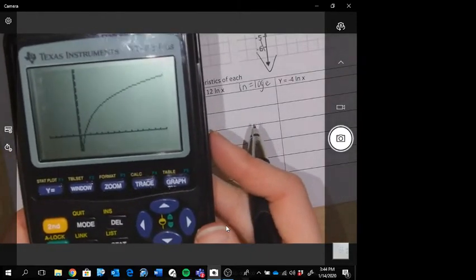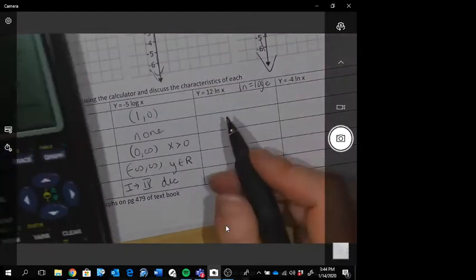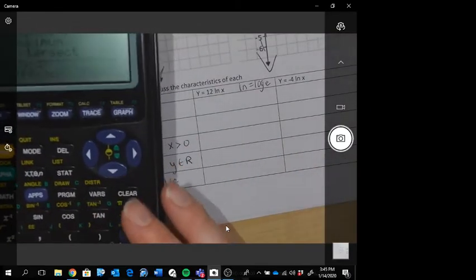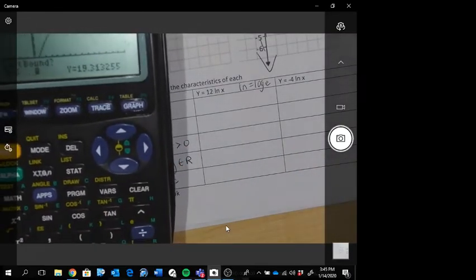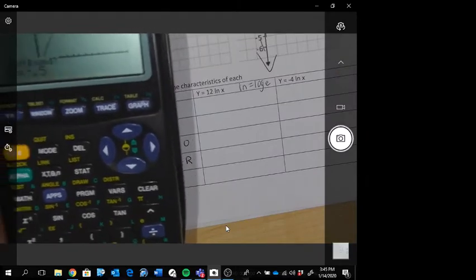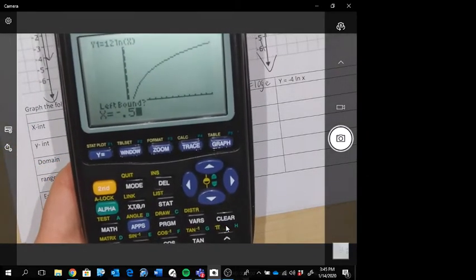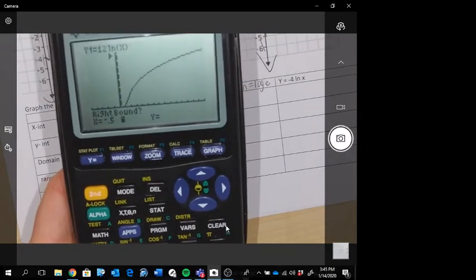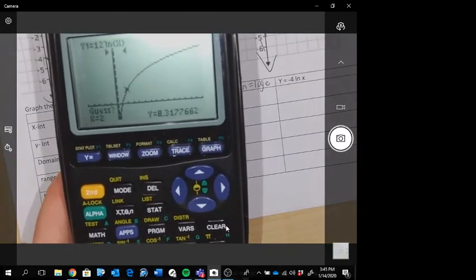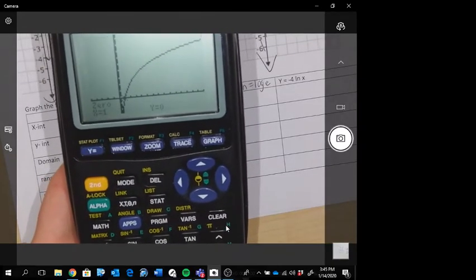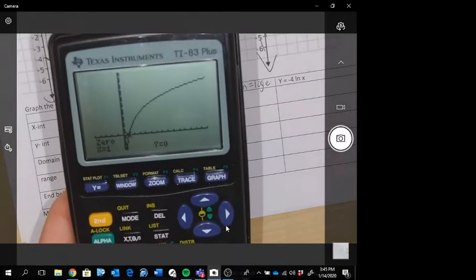So that's pretty high. Okay, so x-intercept, so calculate the 0. Left bound, I think it's 1, so I'm just going to go that to 2, and then it is at 1.